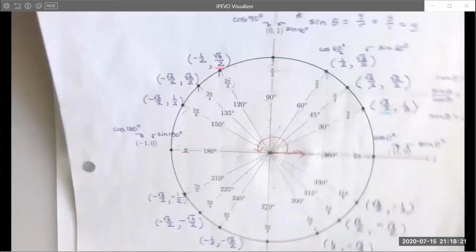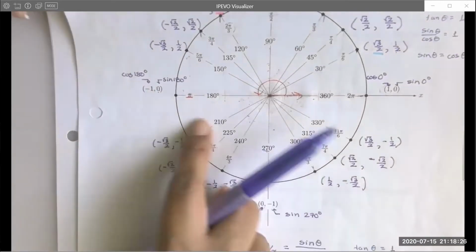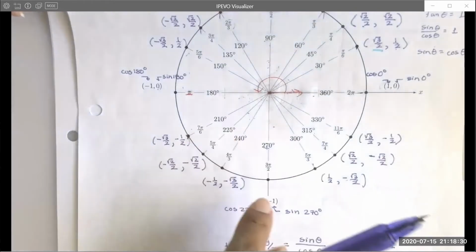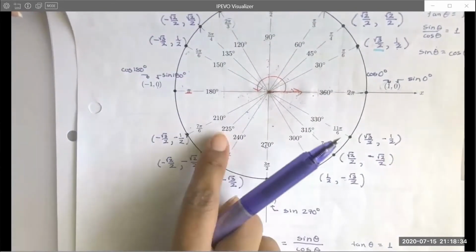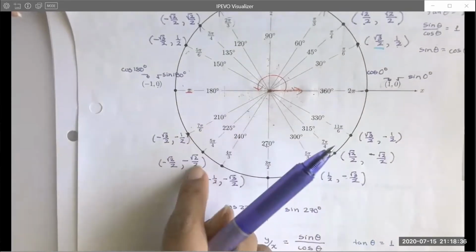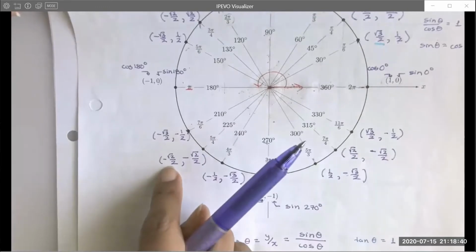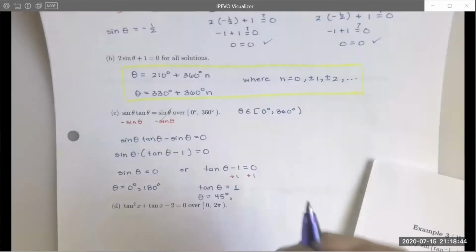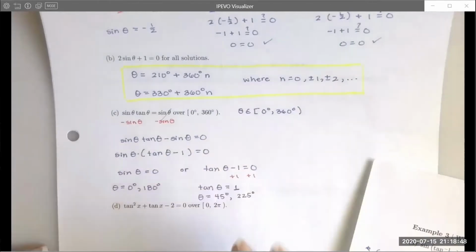Okay, the other place where tangent is positive, we said, is in quadrant 3, so down here. And in this place, the point at which sine is equal to cosine is at 225 degrees. So if you take negative radical 2 over 2 and divide it by itself, then it's going to be 1. Okay, so tangent of 225 degrees would also give us 1.